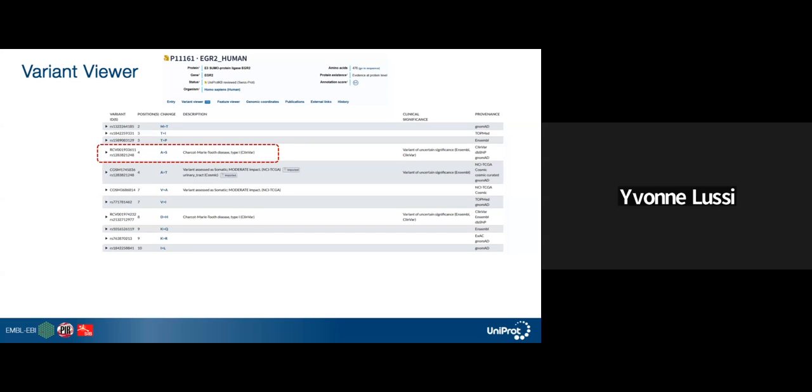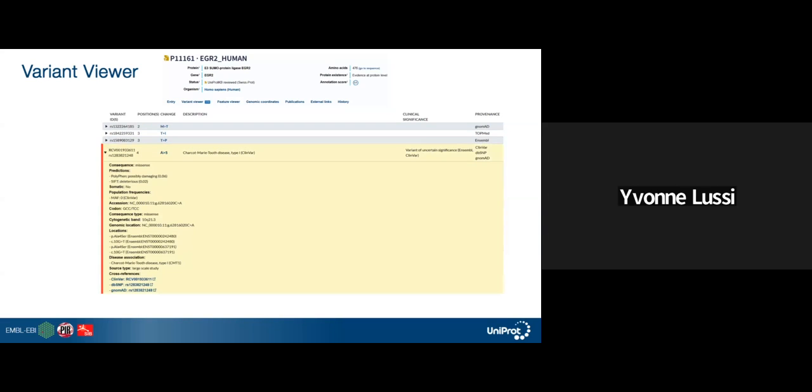You can click on this little black arrow on the left-hand side of each variant to gain further information for a specific variant. Here I have chosen the variant at position 4 with an amino acid change from an alanine to a serine. And this variant is associated with Charcot-Marie-Tooth disease type 1 and was imported from ClinVar.